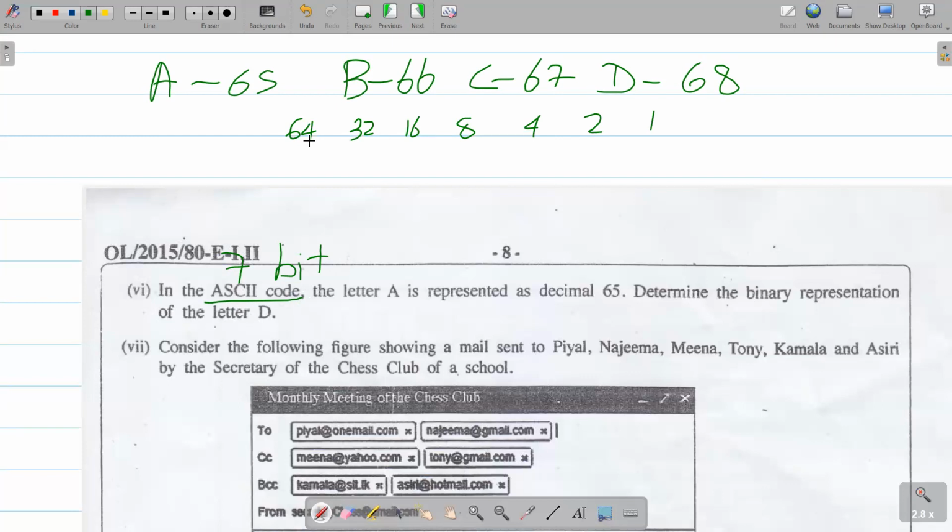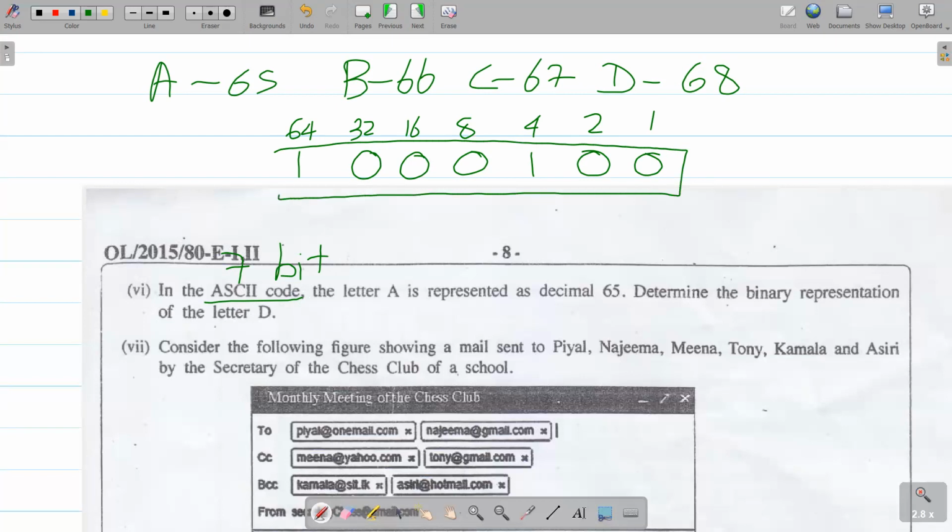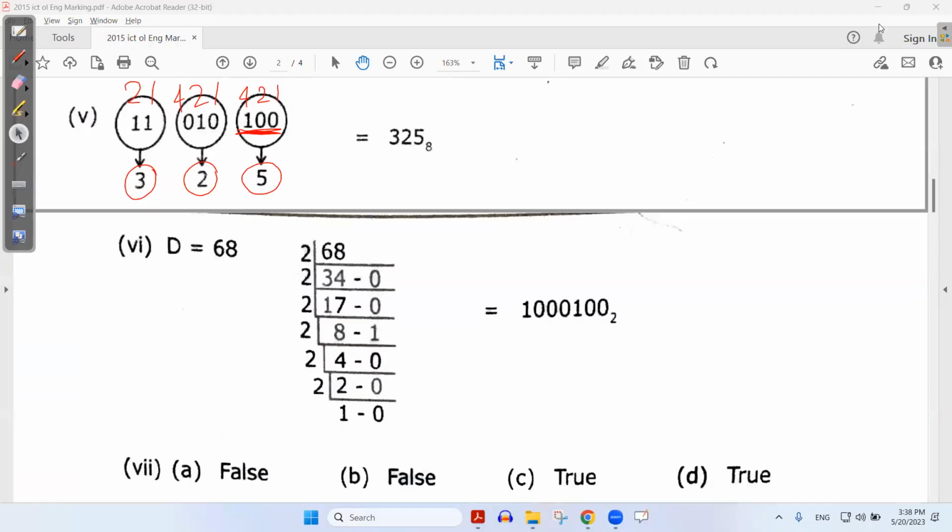So how am I going to create 68? 1 for 64 and another one under 4. So this is going to be my ASCII code. All other places are 0. This is the ASCII code for letter D, which means 68. So the sixth one is going to be with this answer. Right, 2 marks.